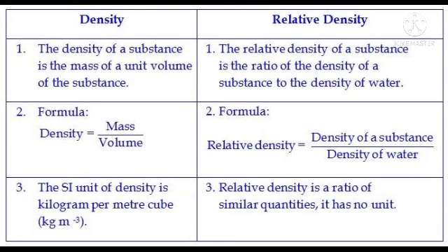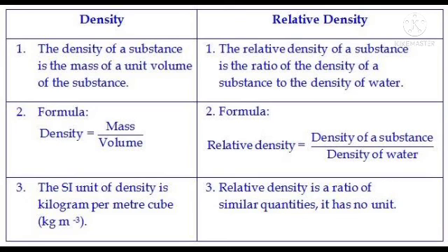The relative density of water is 1. The relative density is a number and it has no units. Substances with relative density greater than 1 are heavier than water, and those with relative density less than 1 are considered lighter than water.